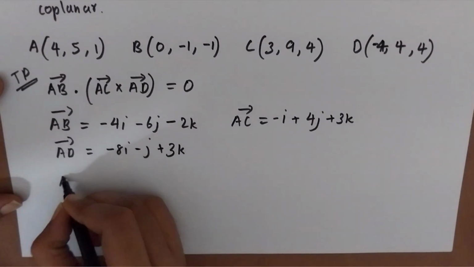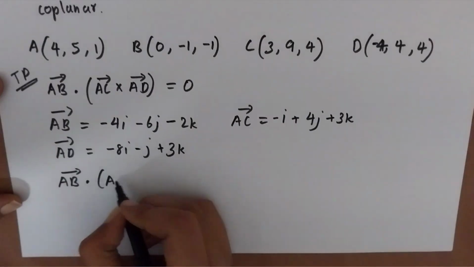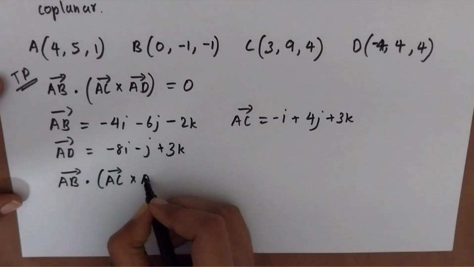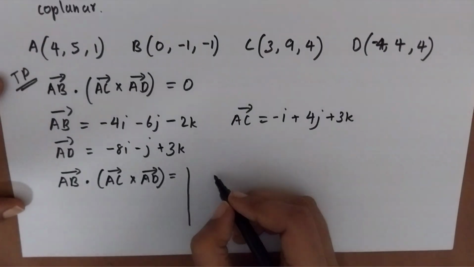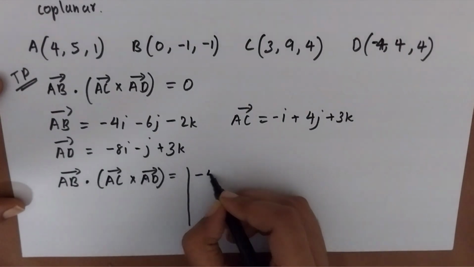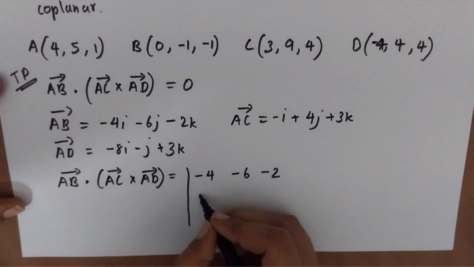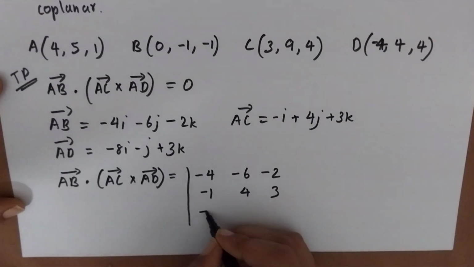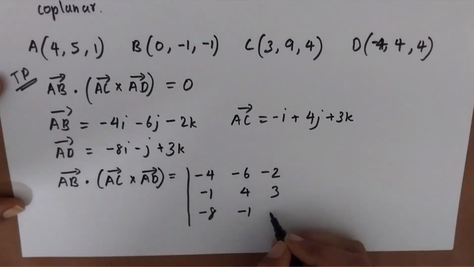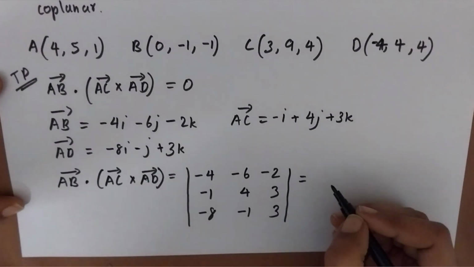Next we have to write vector AB dot AC cross AD equals the determinant minus 4, minus 6, minus 2, minus 1, 4, 3, minus 8, minus 1, 3. So we should expand this determinant.